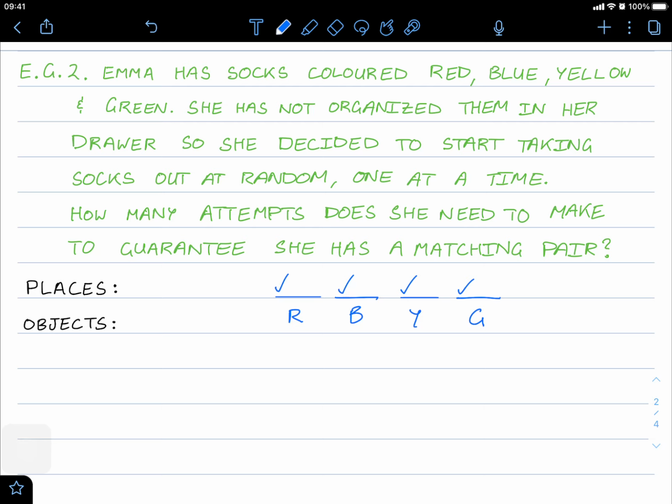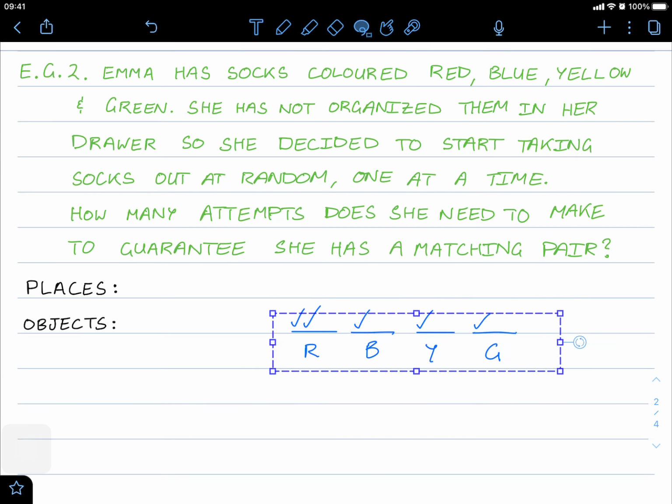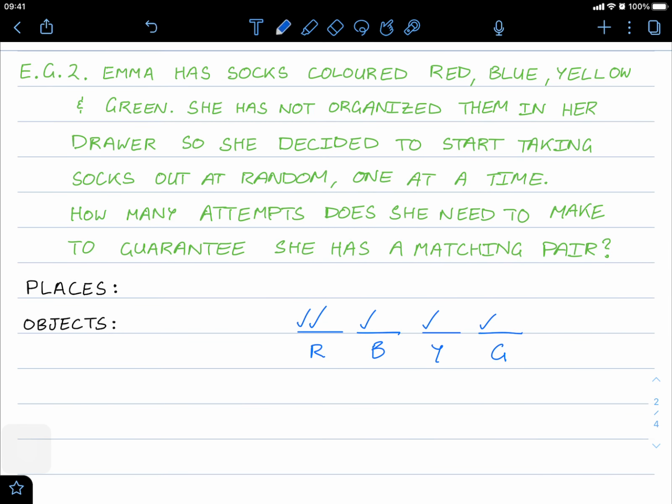So she's had 4 attempts, and now, because she was unlucky and got 1 of each color, her next attempt, no matter what it is, is guaranteed to give a matching pair. As you can count there, 1, 2, 3, 4, 5. We've actually already answered the question here. We need 5 attempts.